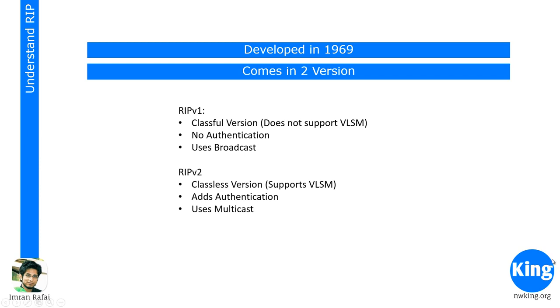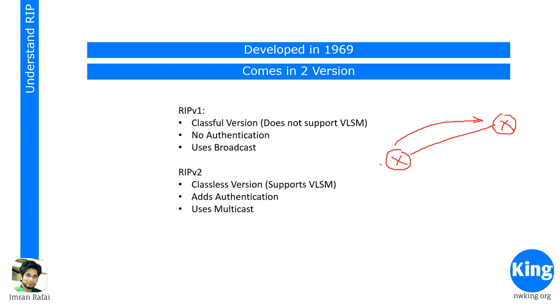So basically how RIP works is you have routers. There is a router here, there is a router here, and these two routers, as a general rule, how routing protocols work is this router tells the neighbor what it knows.